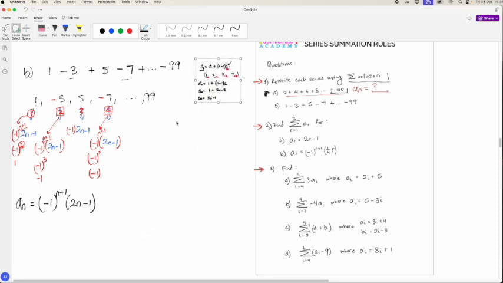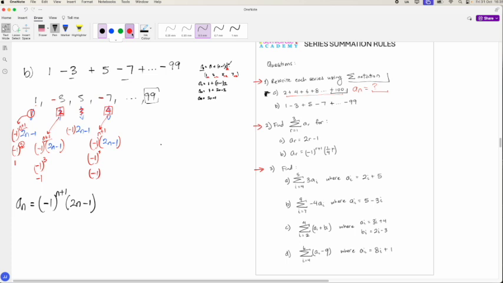And so obviously, to put it in terms of summation, now remember, this last term here is 99. So if the last term is 99, I wonder what n is going to be.